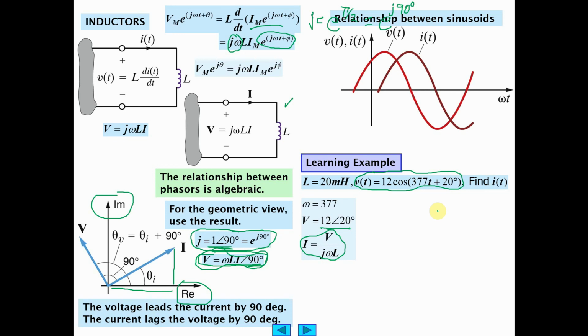So I equals, there, you've got division, so it's 12 over omega L. We just take this, becomes our lead, and 20 minus 90 becomes our new angle.